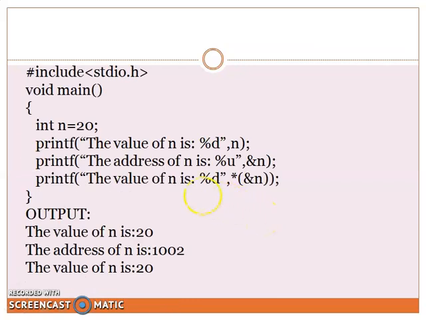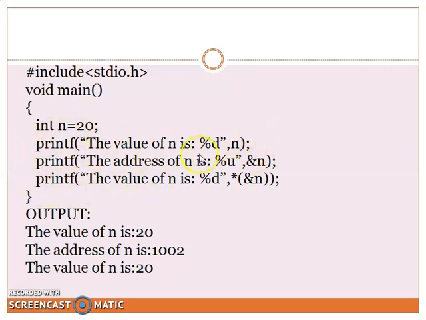So next, we have one more simple example that would differentiate the different address operators. Here also we are declaring a simple integer variable named n. We are assigning the value 20 to that variable. Then we have 3 printf statements.